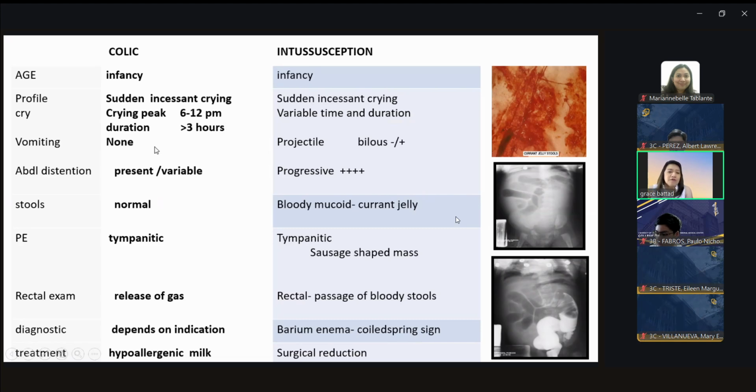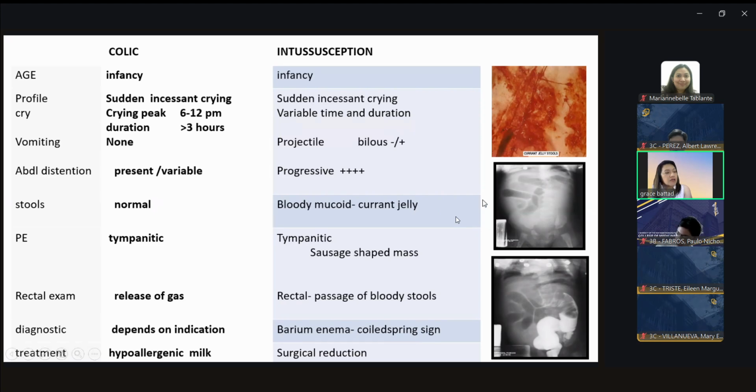There is often no vomiting in colicky patients unless they have associated GER, but they have bilious or non-bilious projectile vomiting in intussusception. There's going to be progression of the abdominal distension and passage of your bloody mucoid currant jelly stools.